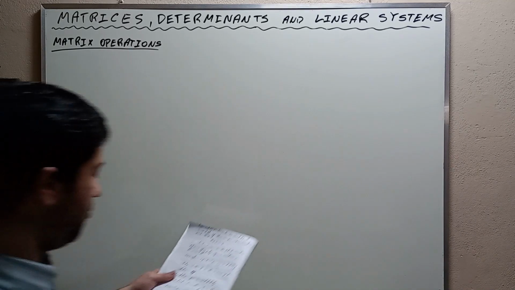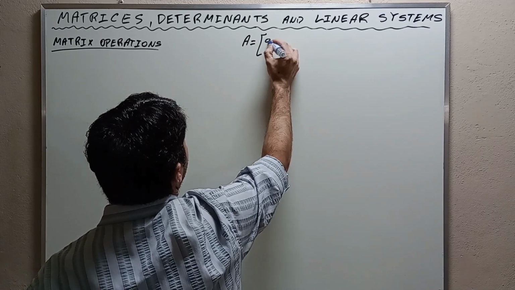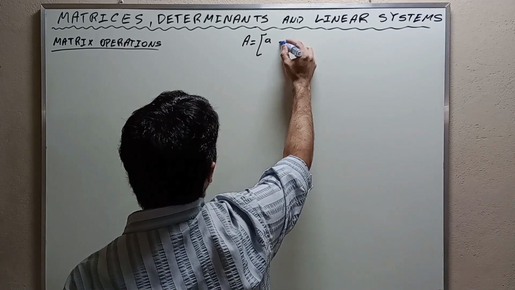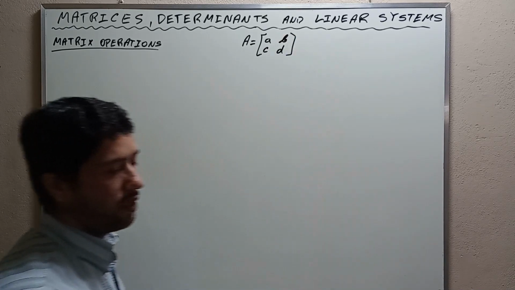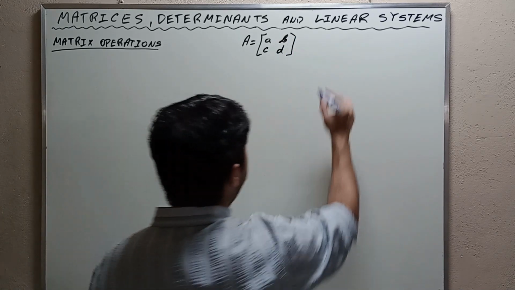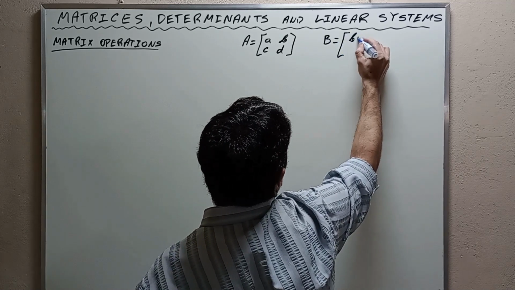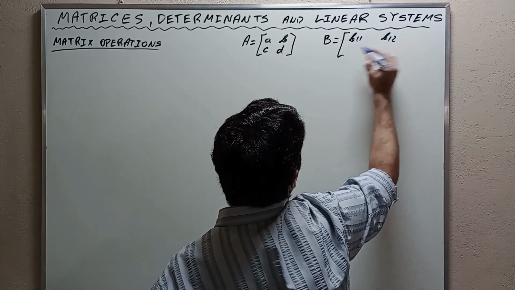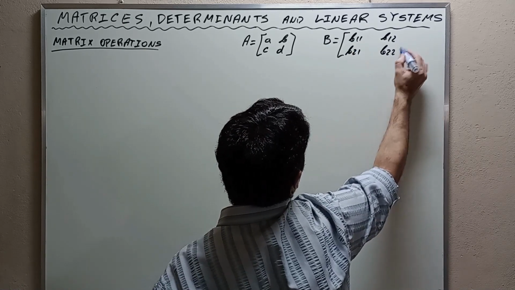Let A be this matrix, A, B, C, D, and let B be this matrix here, B11, B12, B21, and B22.